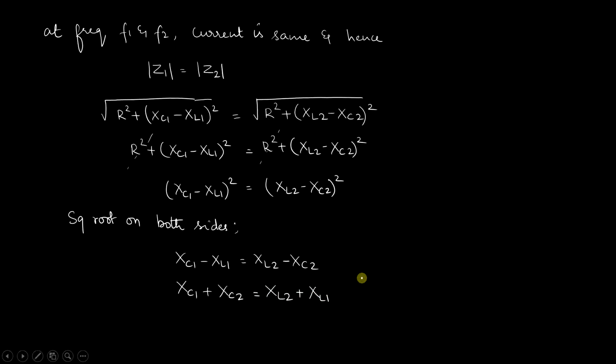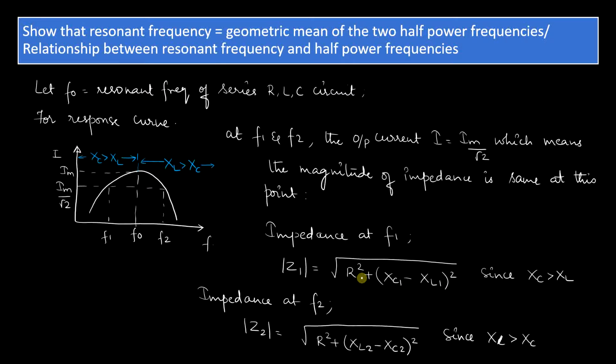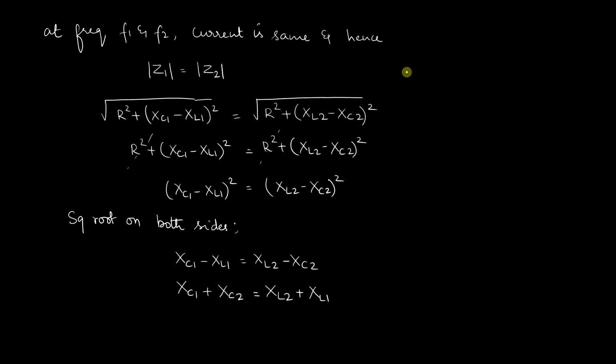Now in the derivation, what we wanted was a relationship between resonant frequency and half power frequencies, correct? So let me denote this first in terms of omega, that is angular frequencies, because the question can also come, say, express this in terms of the angular frequencies.